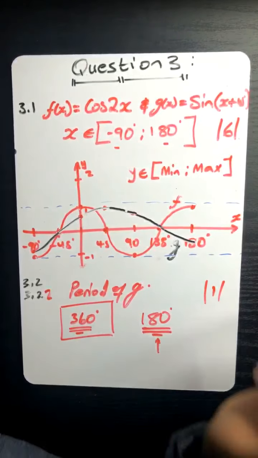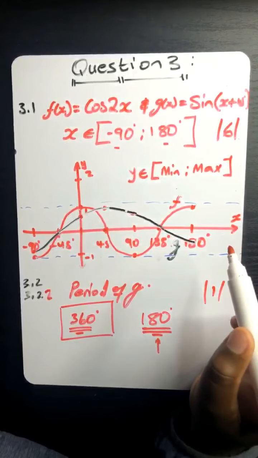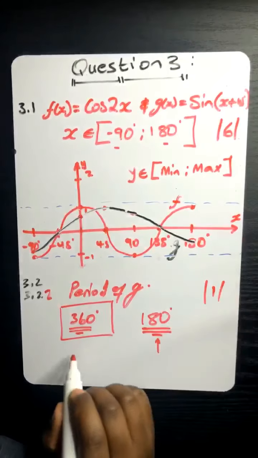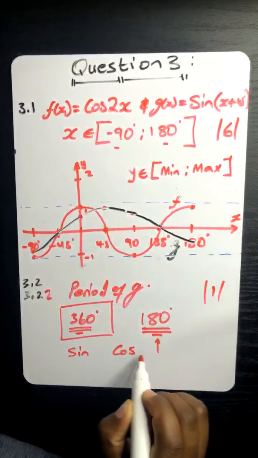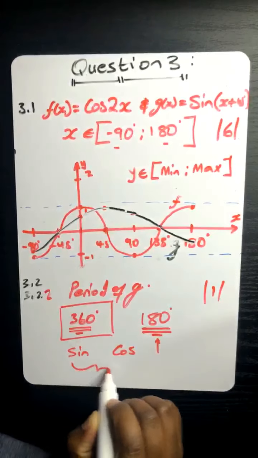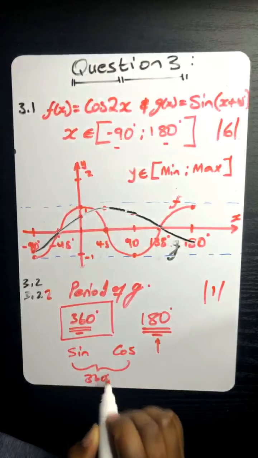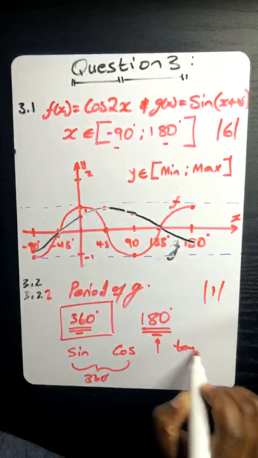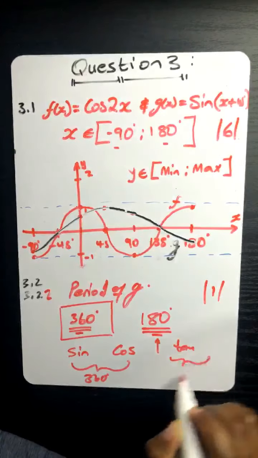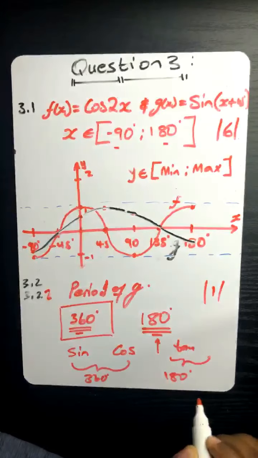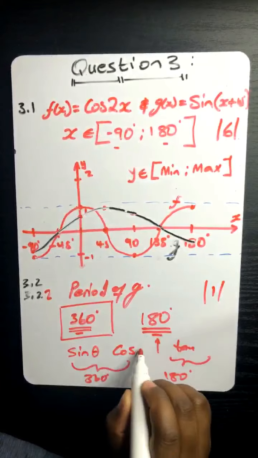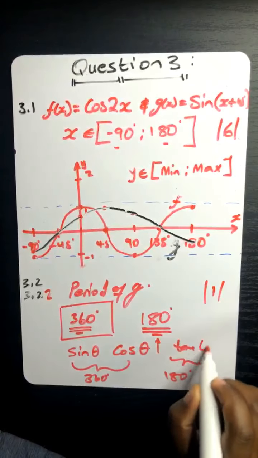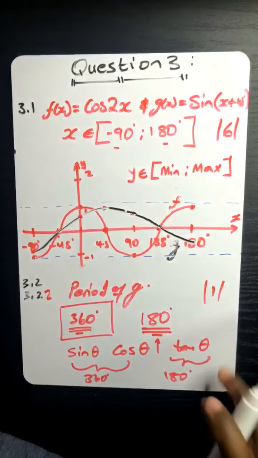So just always remember that the period for sine and cos is always 360 degrees, and for tan it is always 180 degrees. Let's say for example sin angle, cos angle, tan angle. This is the standard.